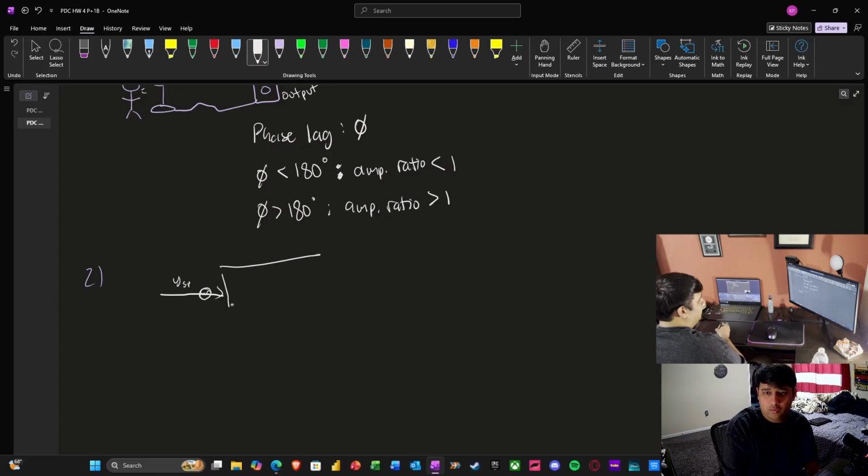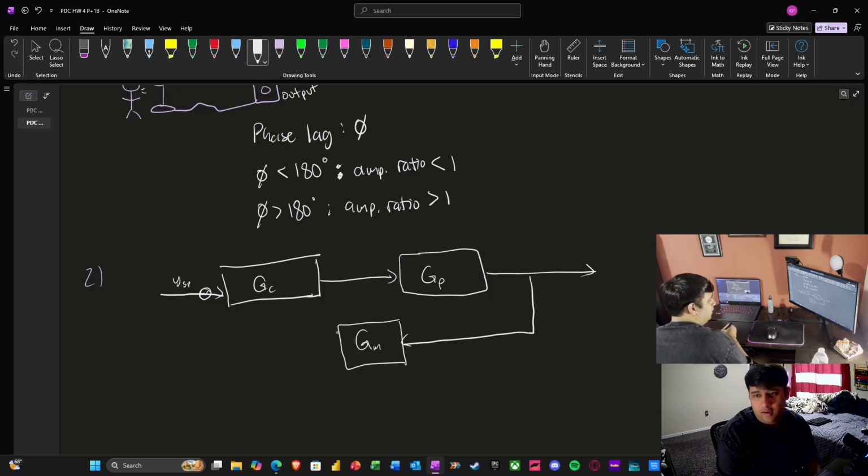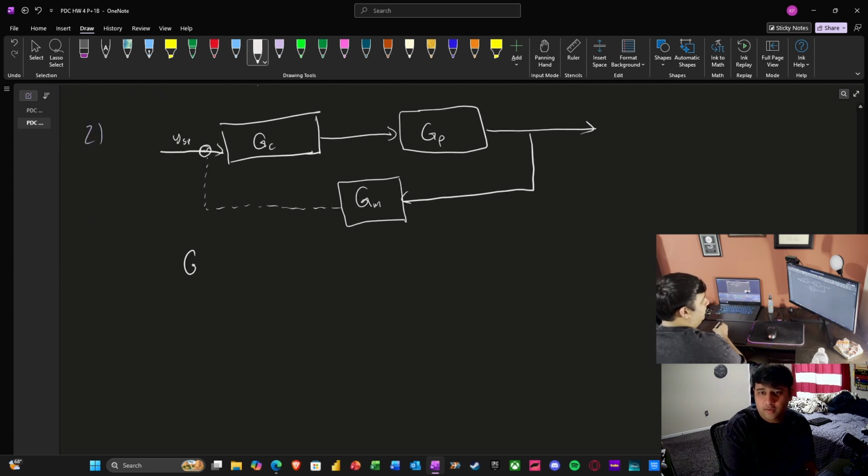This is going to go into our G_C, which goes into our G_P, and there's going to be an output, and then this connects to our G_M, and then this will be connected to our controller via signal. And basically G is the product of our transfer functions.